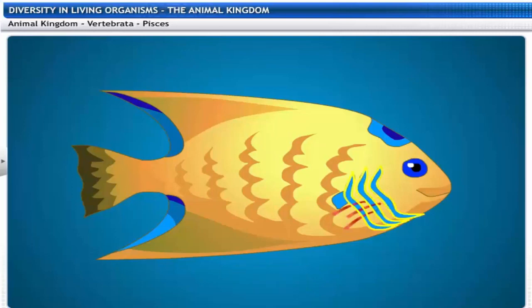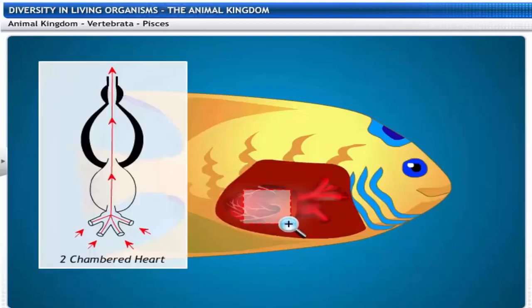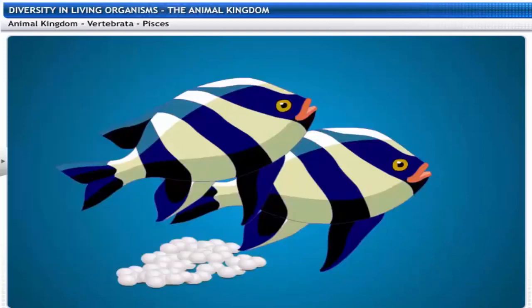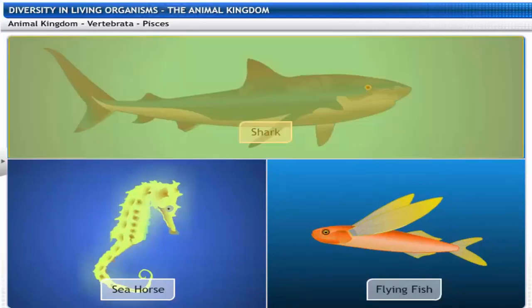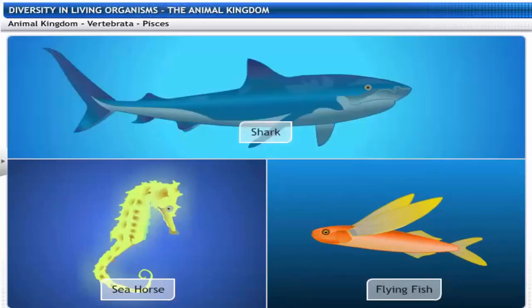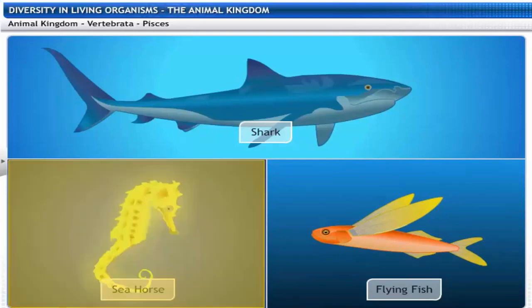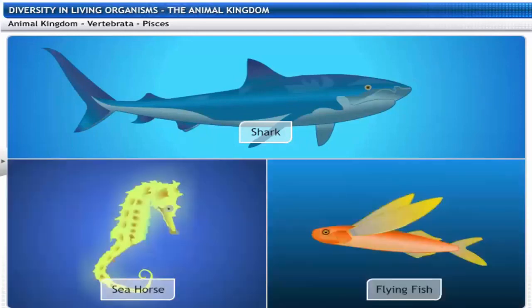Fishes breathe through gills, and their hearts are 2-chambered. Fishes reproduce by laying eggs. Some fishes have skeletons made entirely of cartilage, such as sharks, and others have a bony skeleton, such as seahorses and flying fish.